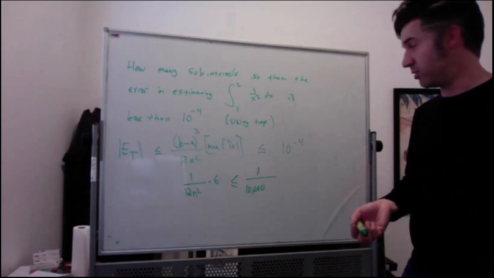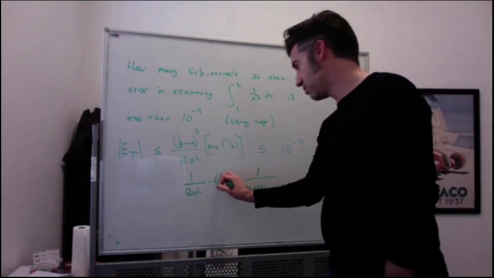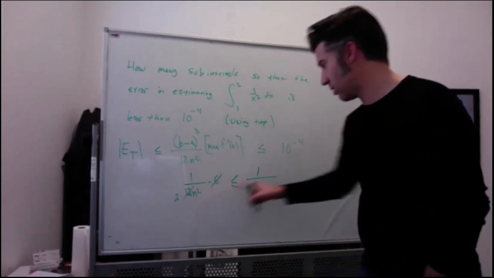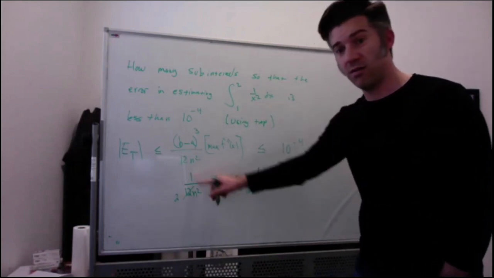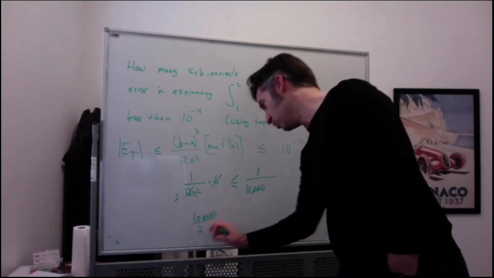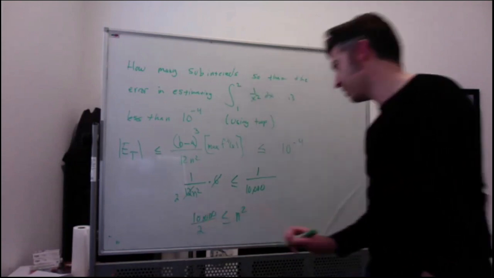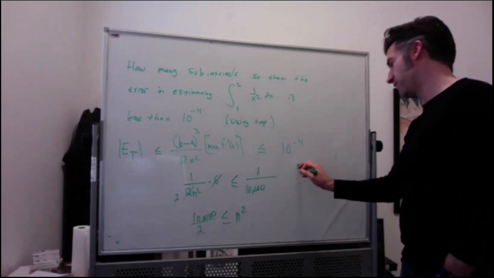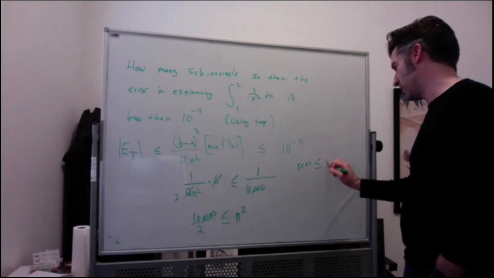I'm going to cross multiply, and cancel a 6 there and a 6 there. So I'm going to multiply the n squared up over here and the 10,000 over there. So we get 10,000 over 2 is less than or equal to n squared. So 5,000 is less than or equal to n squared.